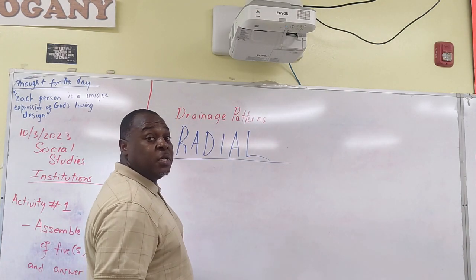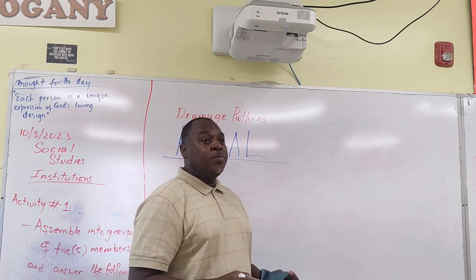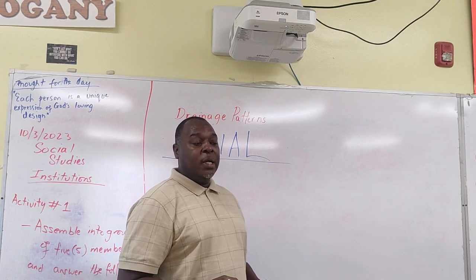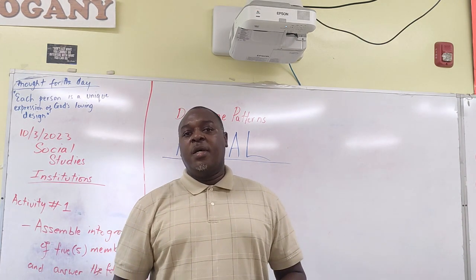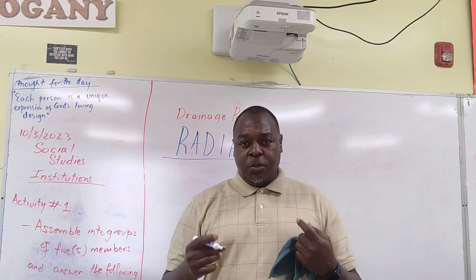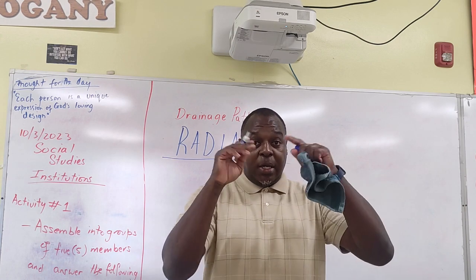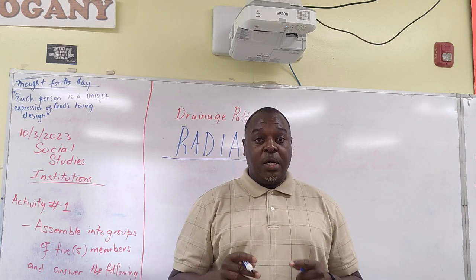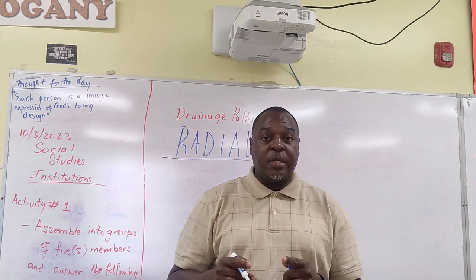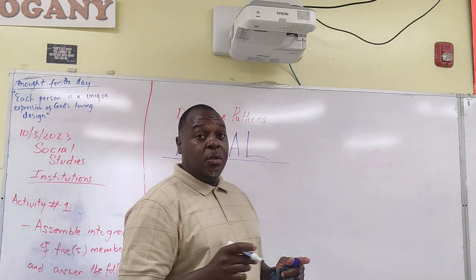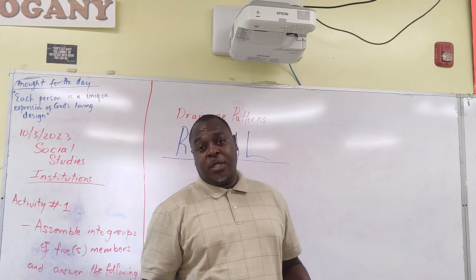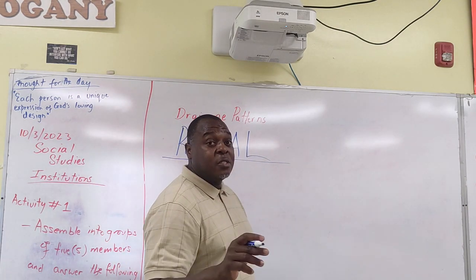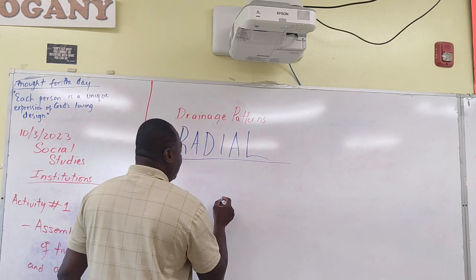That's because it's pretty much simple to draw. And I guess CXC examiners, once you show that you have an idea of the concept, they will reward you for that. Now, if it doesn't look radial, then you won't get any points. But anyways, I said space is an issue, so we'll do it quickly.